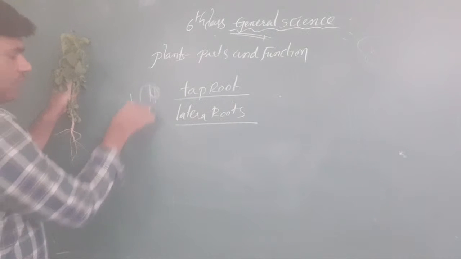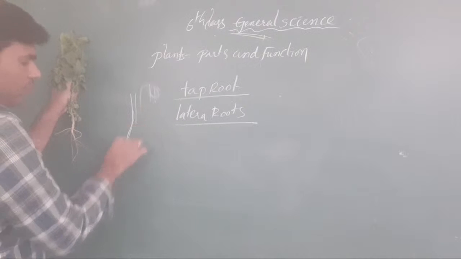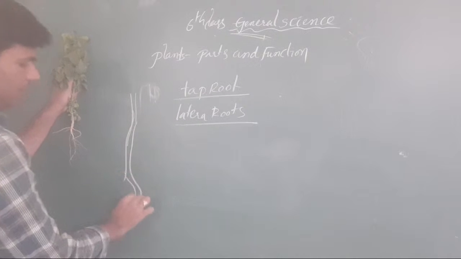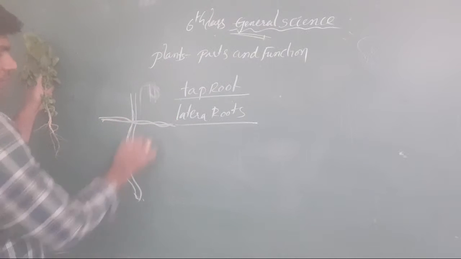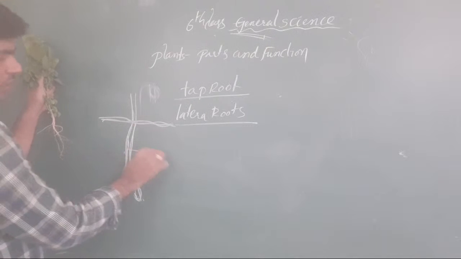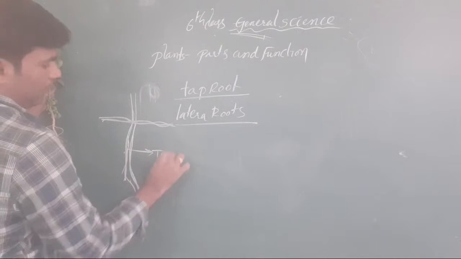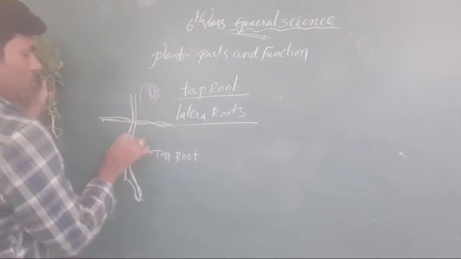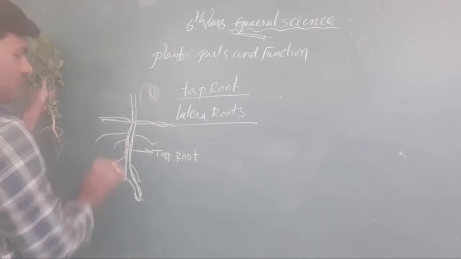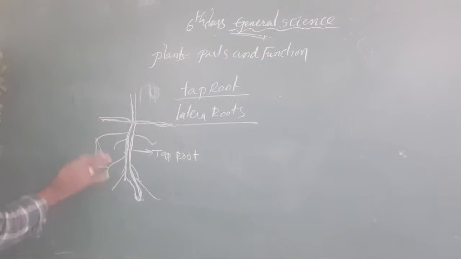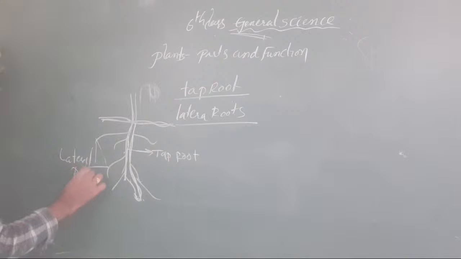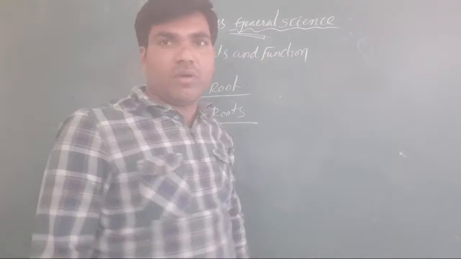When you take one plant, below the earth, inside the earth, there is one thick component, that is called a tap root. And the small components on this root are called lateral roots, or otherwise these are also called rootlets. Got it or not?